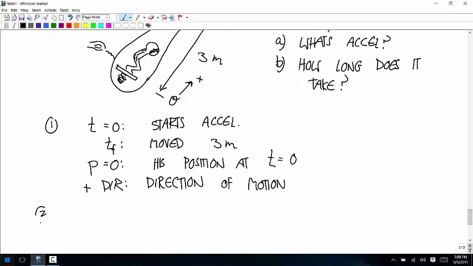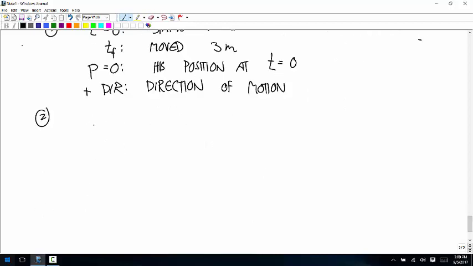Okay, so step 2. List out all the variables we know and the variable we want. I'm just going to go through the list in order. Do we know the elapsed time? No, we don't.